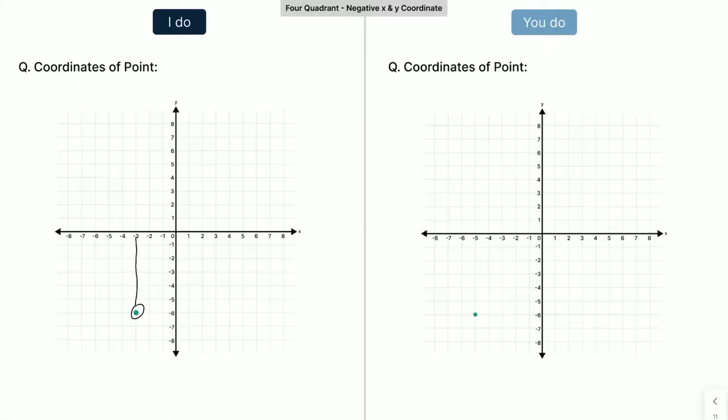So the x-axis value for this is -3. And the y-axis value for this is -6. Again, press pause and I've got this one. So the x-axis value is what we want first, so that is -5. And the y-axis value is -6.